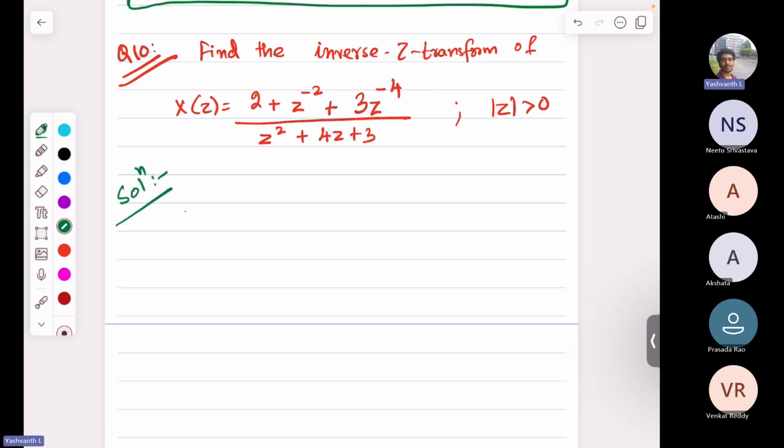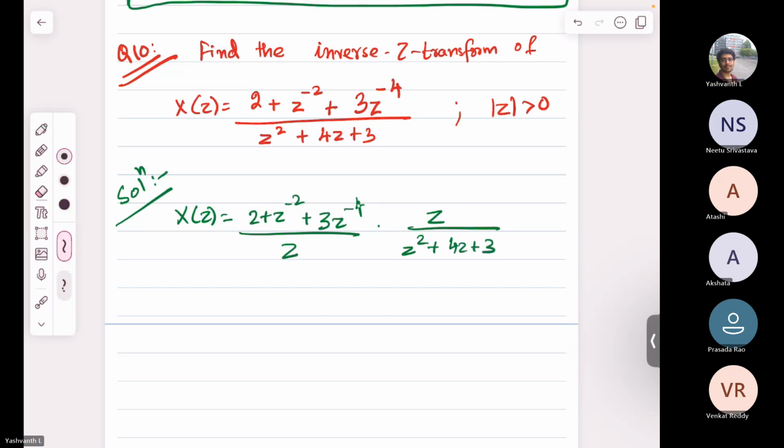I can write X of z as 2 plus z power minus 2 plus 3 z power minus 4, by z into z by z square plus 4z plus 3.